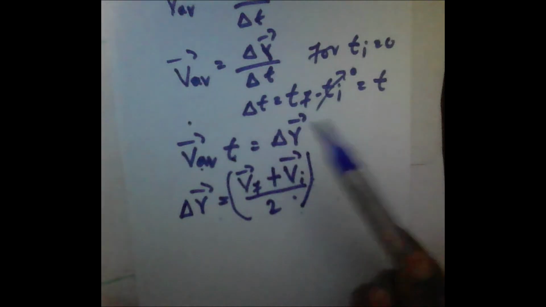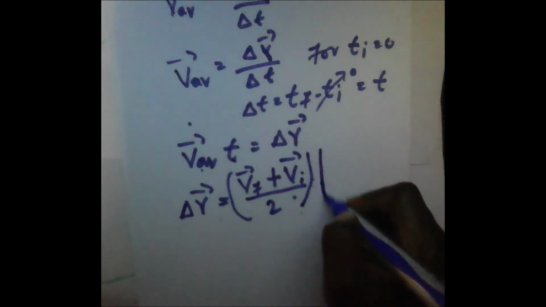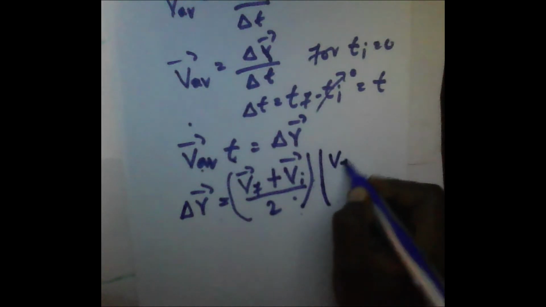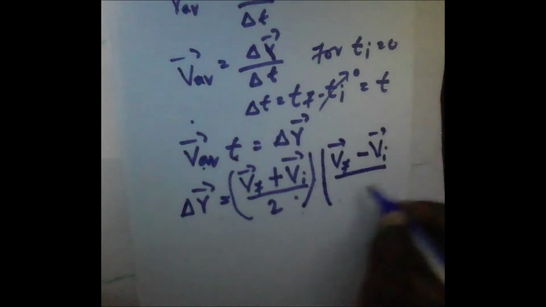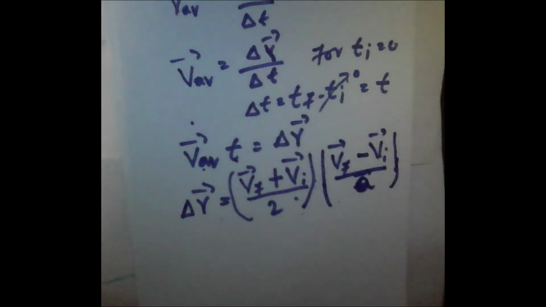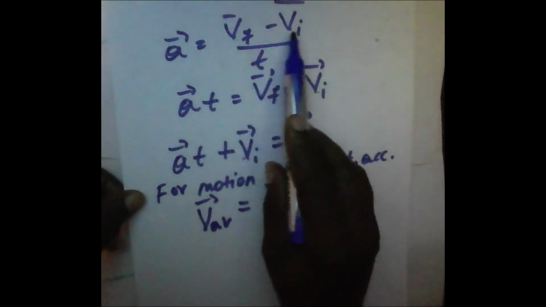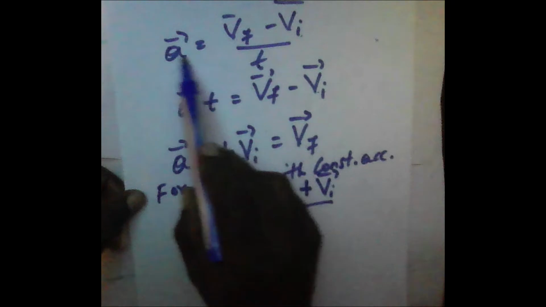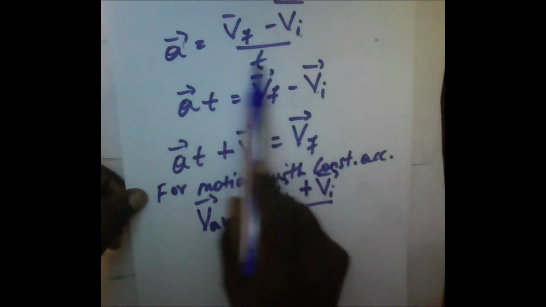But the t value can be taken from the other formula, where we know that acceleration is V final minus V initial over t. Therefore, exchanging the places, t will be equal to V final minus V initial over the acceleration.